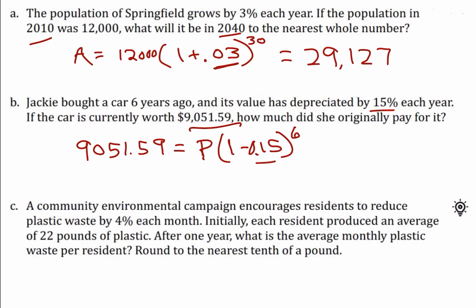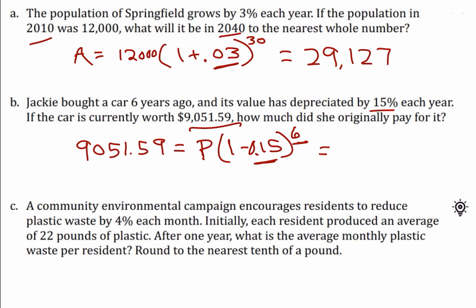Notice that the rate of growth or decay has to match up with the time in the same unit. In other words, this is how much it's depreciating per year, and this number is the number of years, 6 years. We'll see that in the next problem where instead of years, they're talking about months.